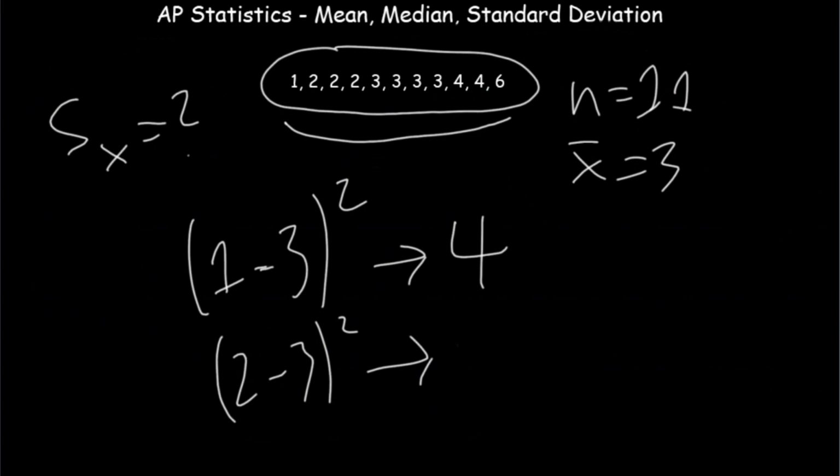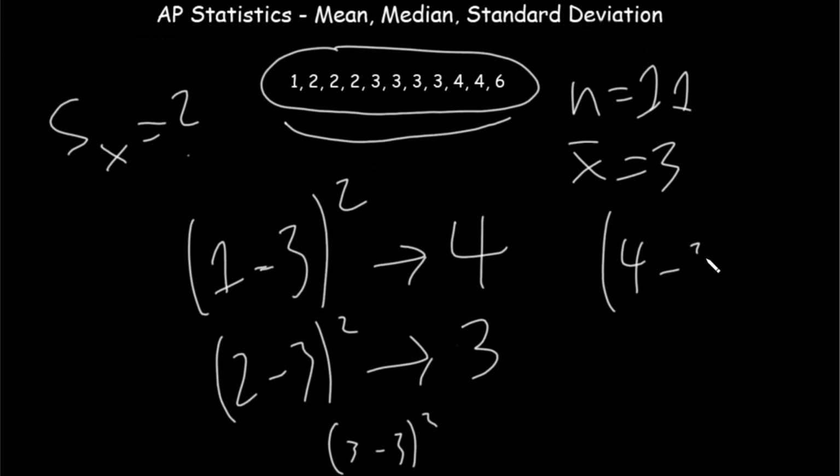We have 3 2s, so we're going to end up with 3 1s, and we could just add those ones together to make it more simple. And then 3 minus 3 squared is just 0, so we don't have to really write anything for that.